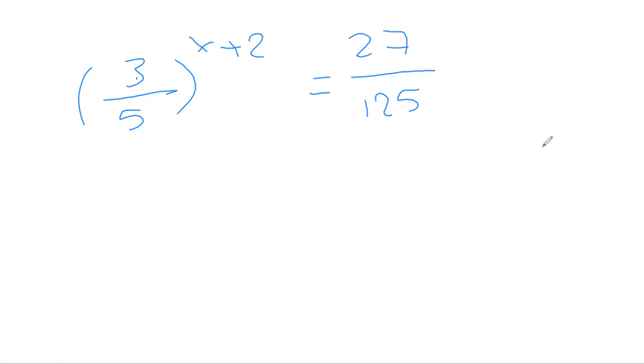Yes. Okay, Farah, I want to make the bases equal, as the x is up. Can I change 27 to be 3 power something? 3 power 3. Okay, so this 27 can be 3 power 3. What about 125? I want it to be 5. Can it be 5 power anything?